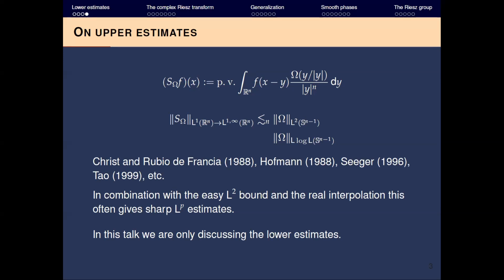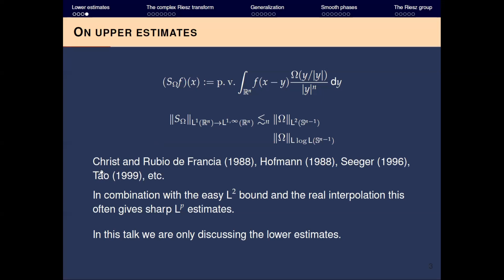So for us, it will be even sufficient to control the L2 norm of the kernel on the sphere. But there are even sharper results that show that it's sufficient to have L log L norm of the kernel, and it is known since Calderón and Zygmund that nothing smaller than an L log L is sufficient.